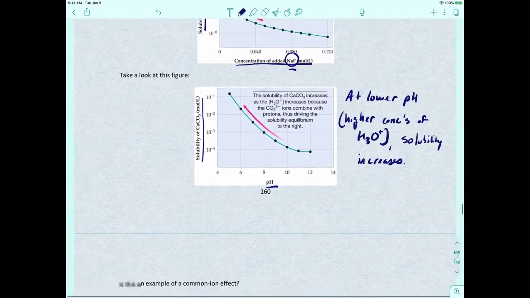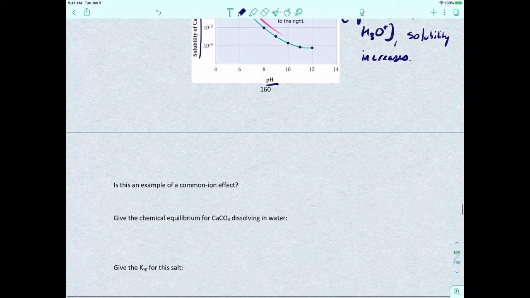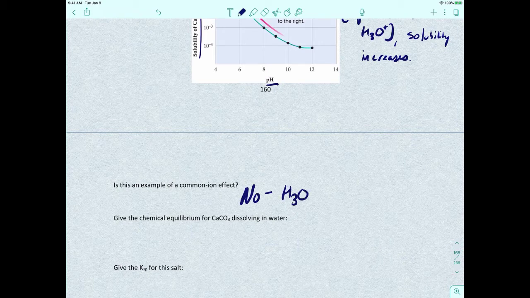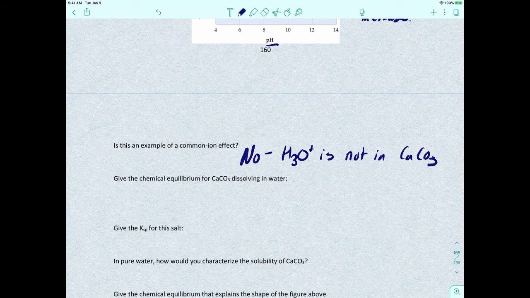All right, now is this an example of a common ion effect? And the answer is no, because H3O plus is not in calcium carbonate. Give the chemical equilibrium for calcium carbonate dissolving in water.